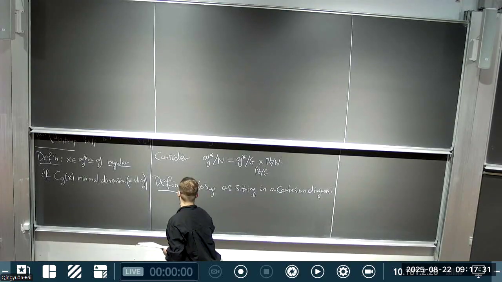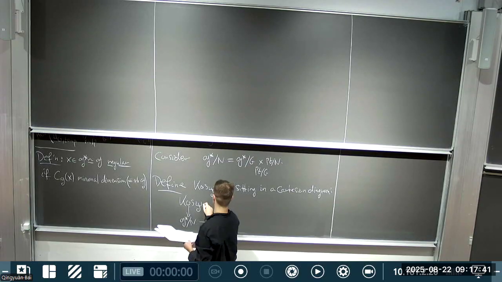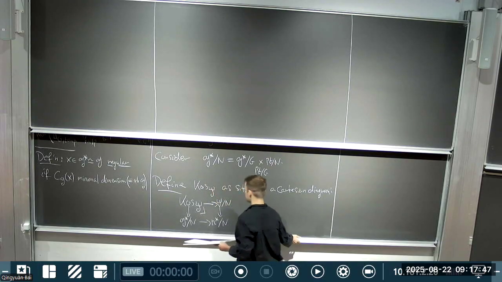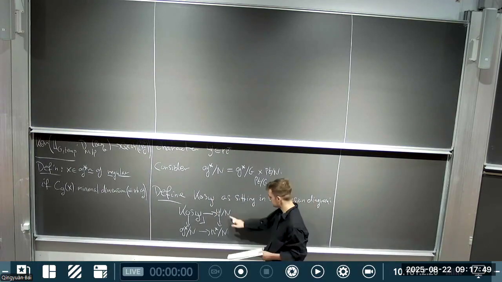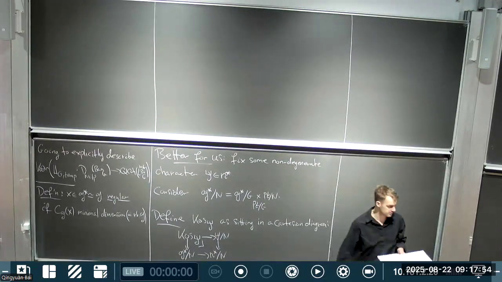We'll have the constant section mapping to G star mod n. This will map to n star mod n. And we'll have a point psi here. We have this diagram, and we'll take that fiber square. Declare that to be the constant section.